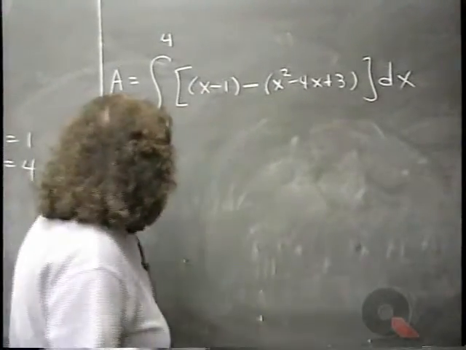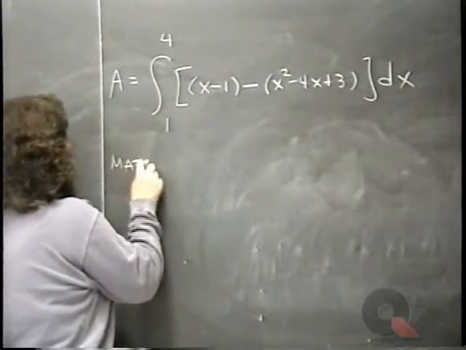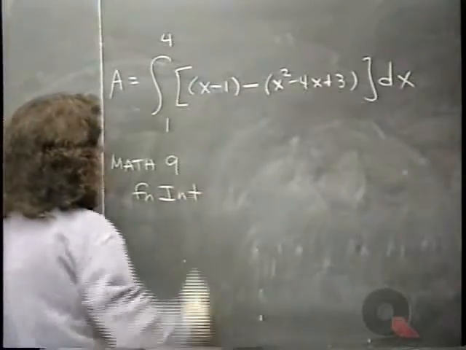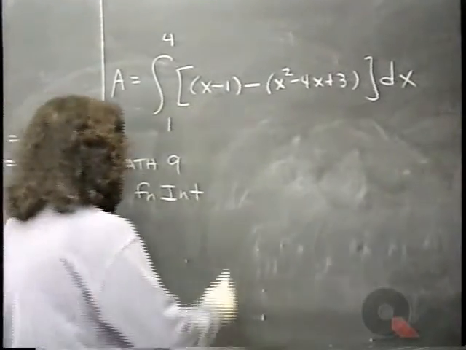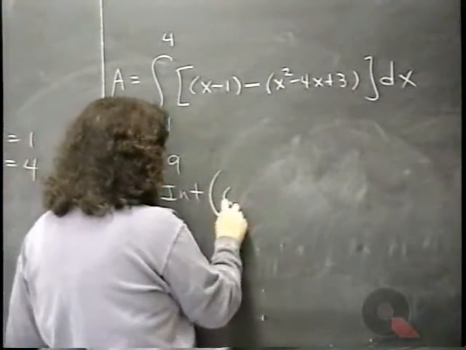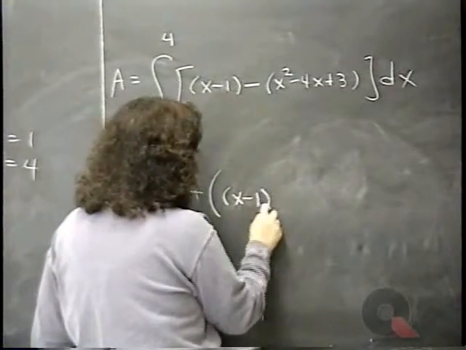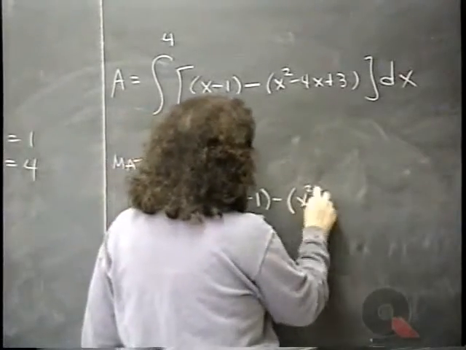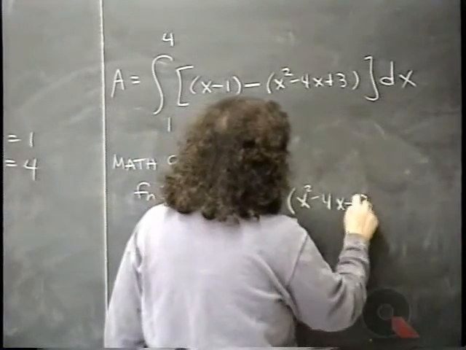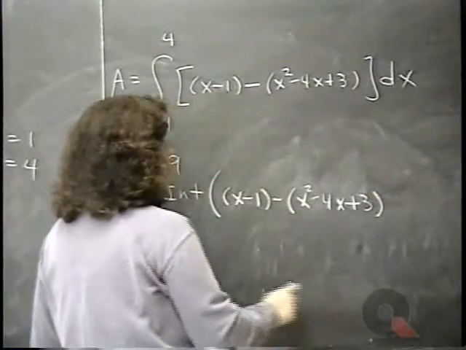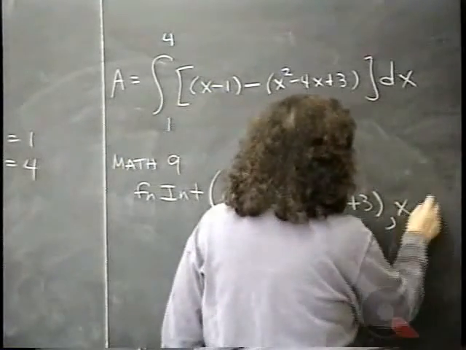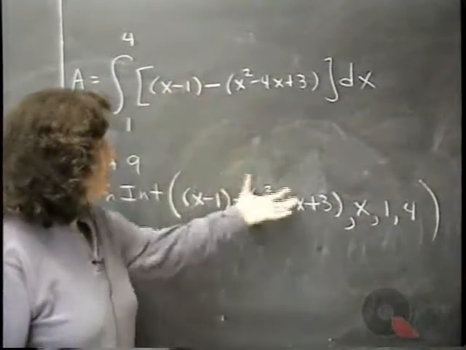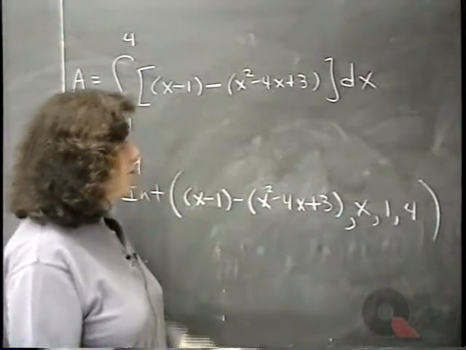If you want to enter it, in other words, math 9, and you get the function to be integrated. If you want to enter it the way it is, you're going to have to write left parenthesis x minus 1, right parenthesis, minus, left parenthesis x squared minus 4x plus 3, comma, x, comma 1, comma 4. Or you can simplify first and substitute in the simplified version here.